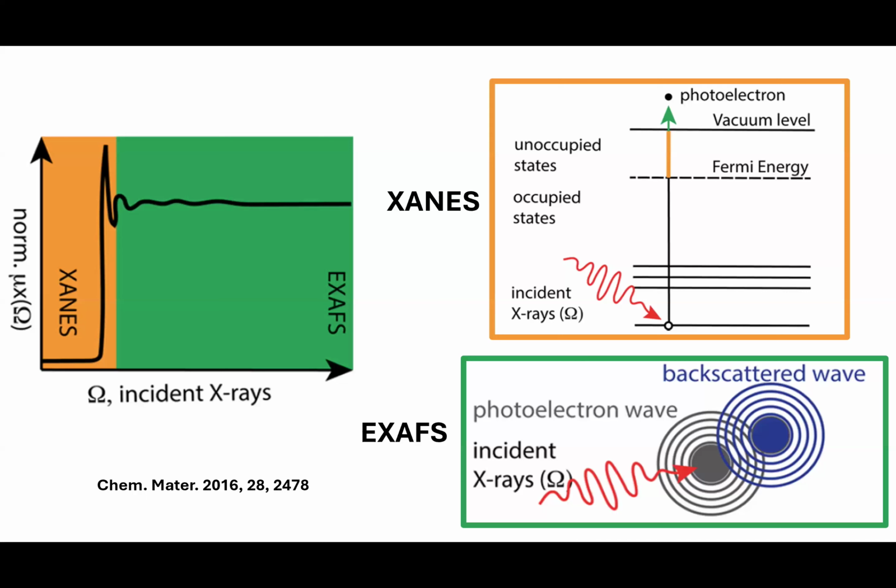So that's sitting on the boundary between XANES and EXAFS, right? When your incoming X-ray energy keeps increasing, it is more powerful and is more capable of knocking out the electrons to an even higher level. And now it's not only not bound, but also gains its own kinetic energy, right?